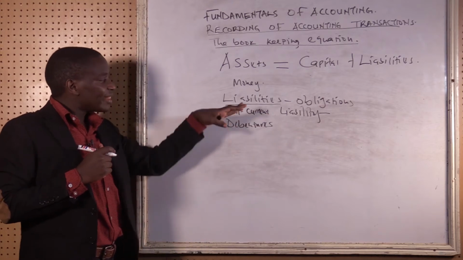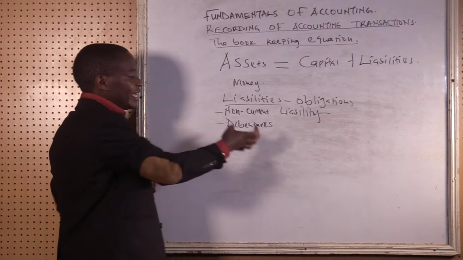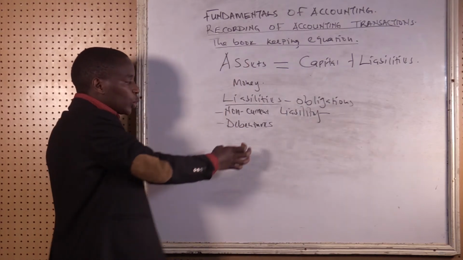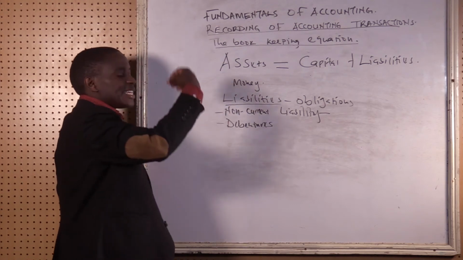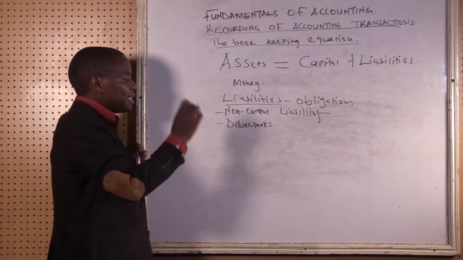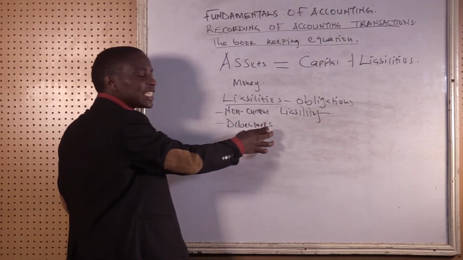This is where the bank or organization finds the need for money, and it approaches members of the public to lend it some money, and in return, it gives the members of the public what is referred to as a debenture certificate.